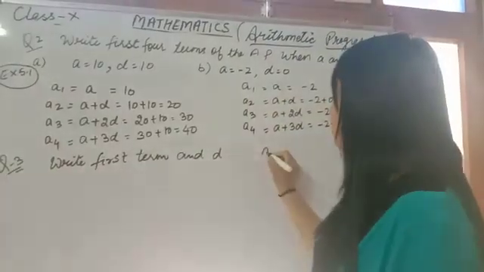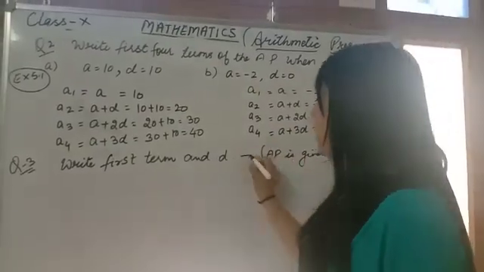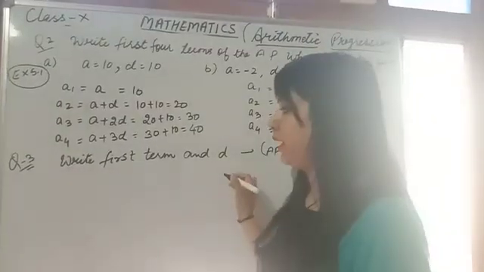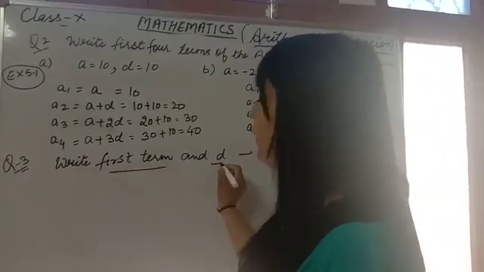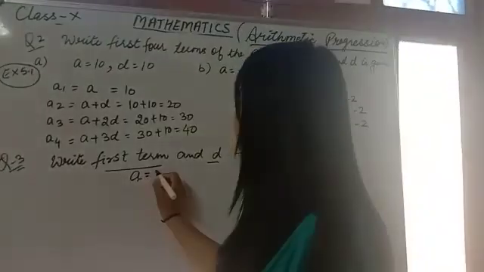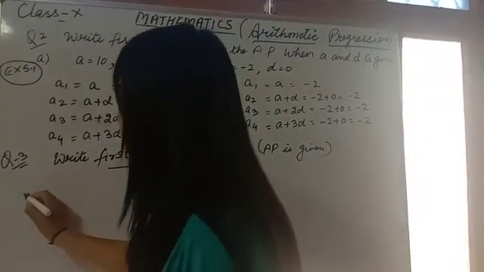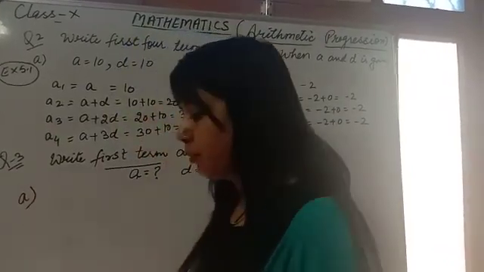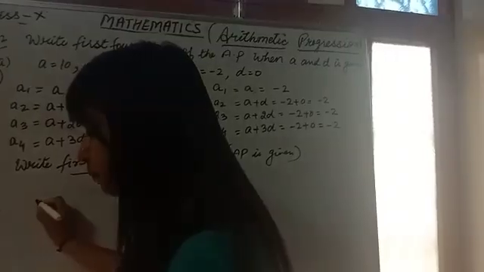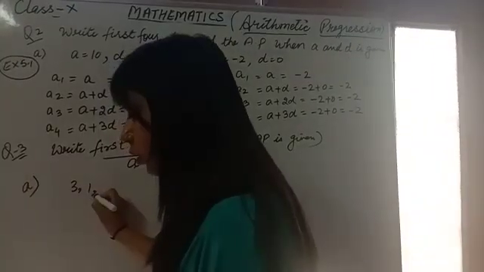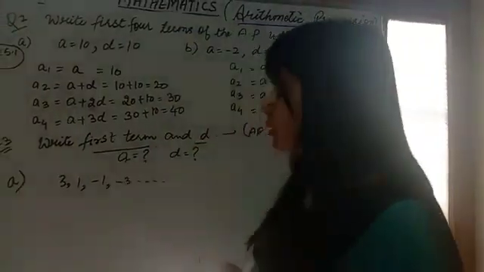AP is given. अगर AP given है, अगर वो सीरीज AP है, that means common difference is same. ओके, तो हमें सिर्फ फर्स्ट टर्म बतानी है और d बताना है, मतलब हमें a बताना है और हमें d फाइंड आउट करके बताना है. ठीक है, तो first part, a part of question number 3, the sequence is given: 3, 1, -1, -3, like this. Okay, this AP is given.